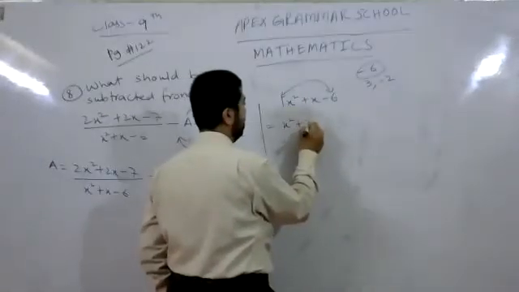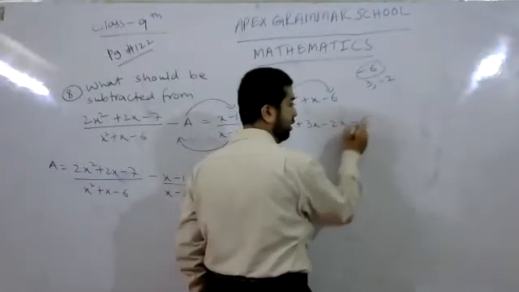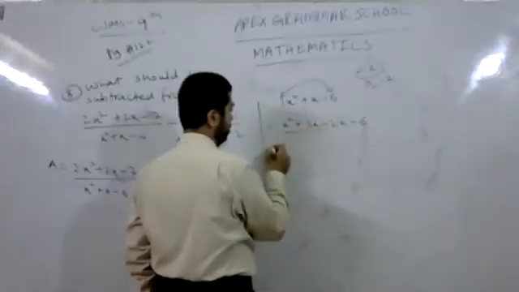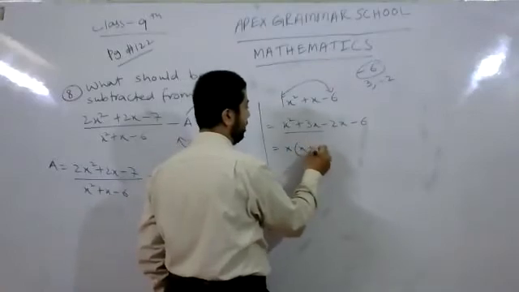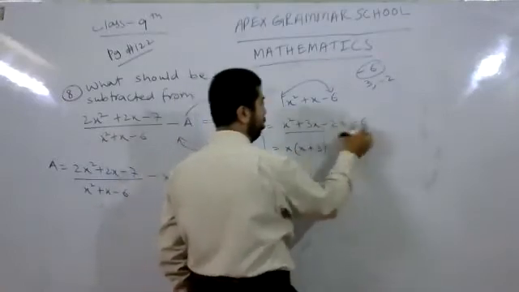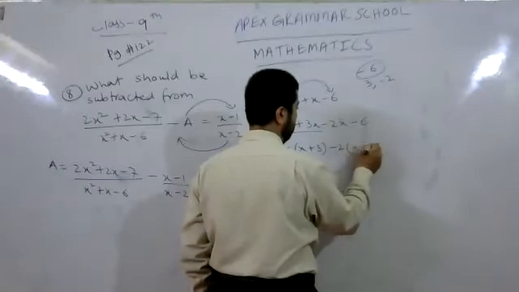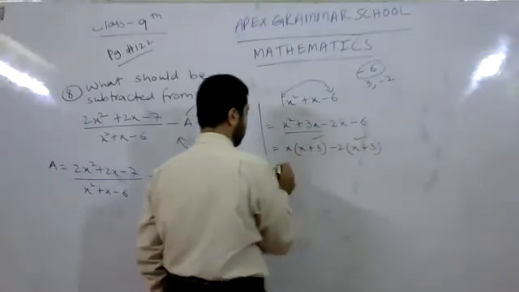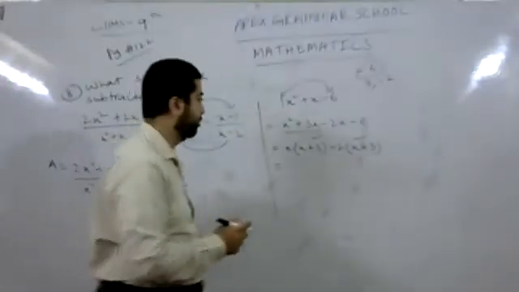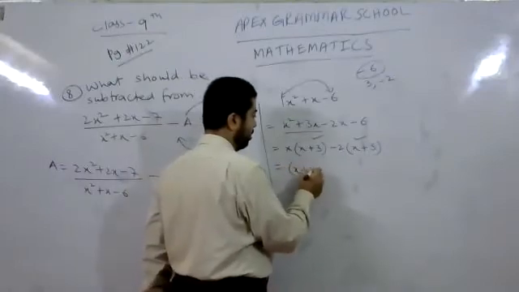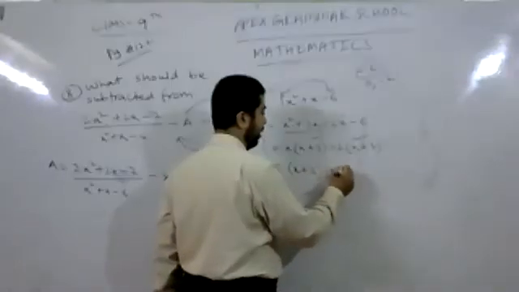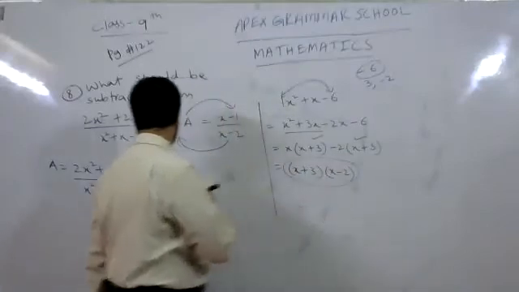So x squared plus 3x minus 2x minus 6. x plus 3 after taking common, minus 2, again x plus 3. So x plus 3 and x minus 2, and that's it.